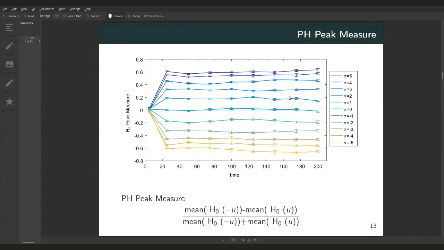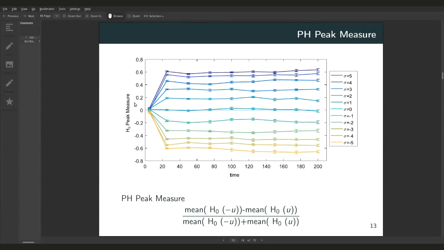Okay, so to test this statistic and make sure it's capturing what we think it will, we ran a bunch of simulations at various values for sigma, fixing all other parameters. We started with initial conditions with white noise and allowed the system to evolve, and computed this statistic at each time step.